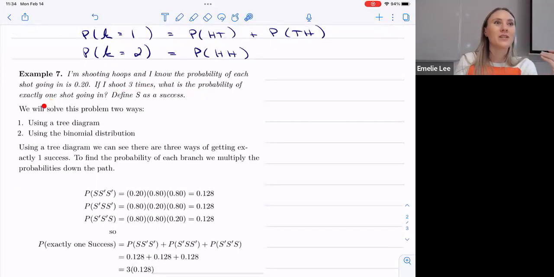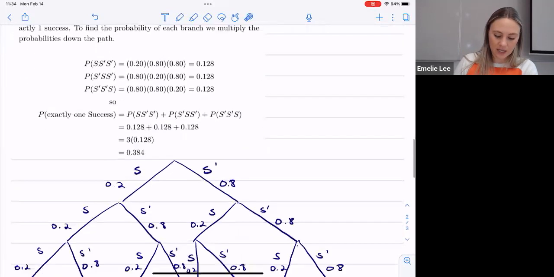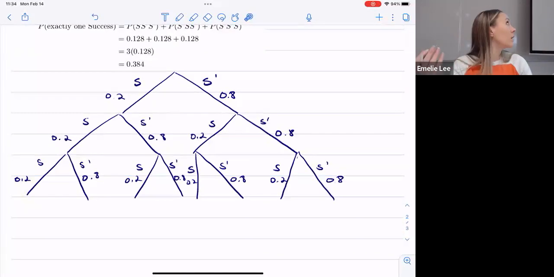Imagine even if you had to deal with this and say, what's the probability of more than one shot going in, including one? That's 1, 2, or 3. Less than 2 shots, 0 or 1. You have to remember the 0 option because that's the one that people forget. I forget too.